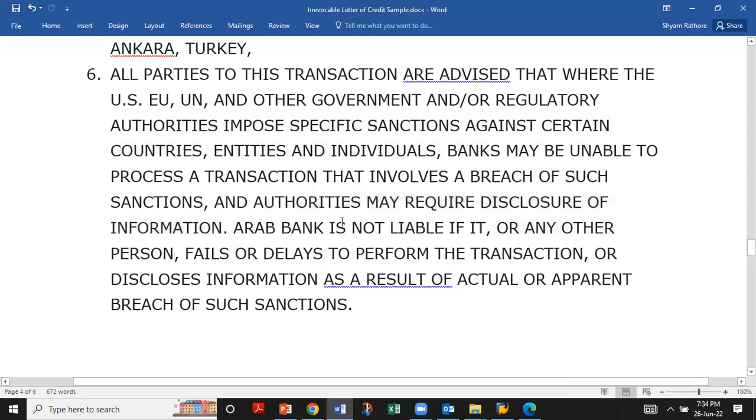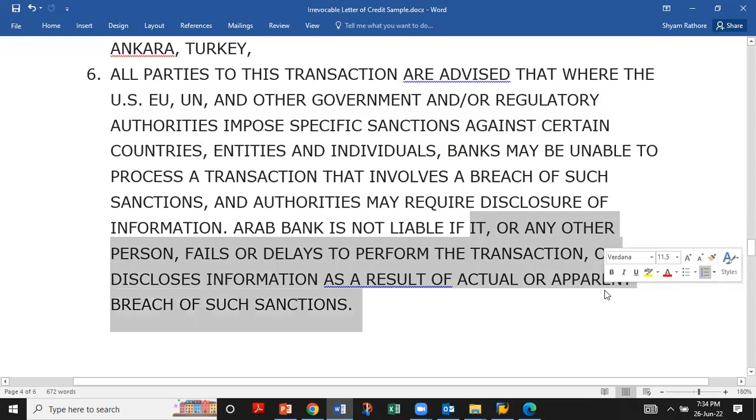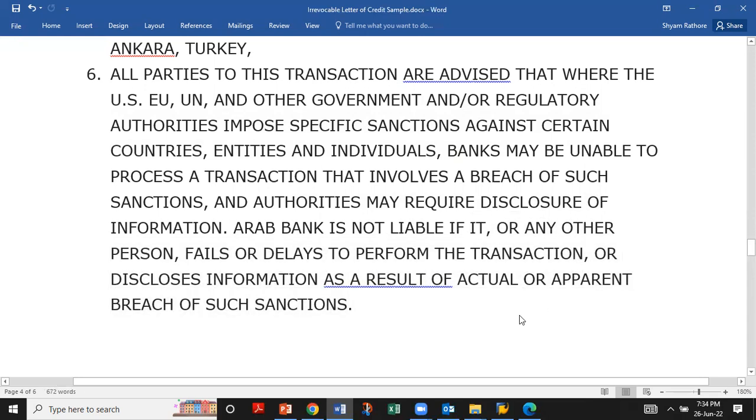The bank is not liable if it or other persons fail or delay to perform the transaction and disclose information as a result of actual or apparent breach of such sanctions, okay. If any such problems or disputes are found, like a blacklisted company, then in that case the bank will not be liable to process the payment, okay.